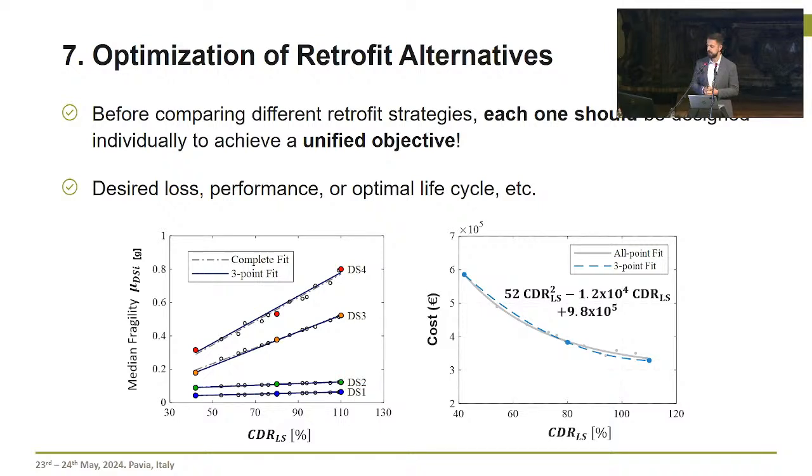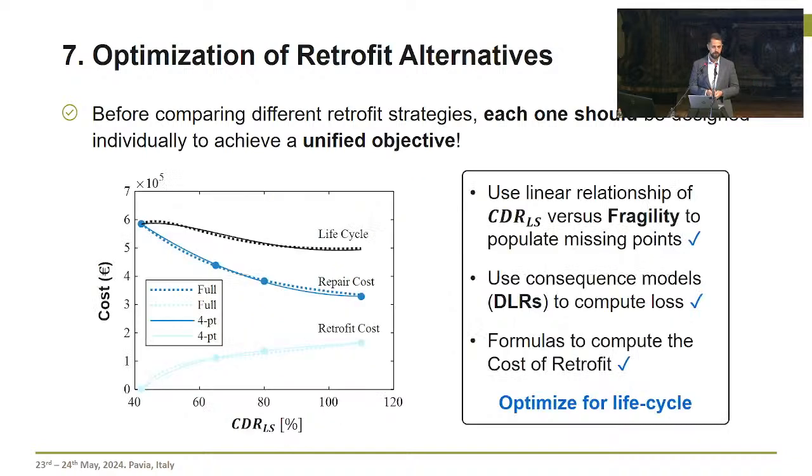And here, for instance, I fitted a very simplified relationship that expresses the seismic loss as a function of capacity demand ratio. And in that case, I just start the design process by specifying the desired level of loss and getting the target capacity demand ratio that I have to achieve during the design process to get the desired loss reduction. We can even go a bit further by optimizing the entire life cycle cost.